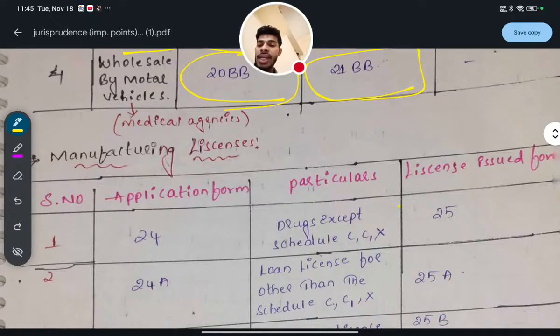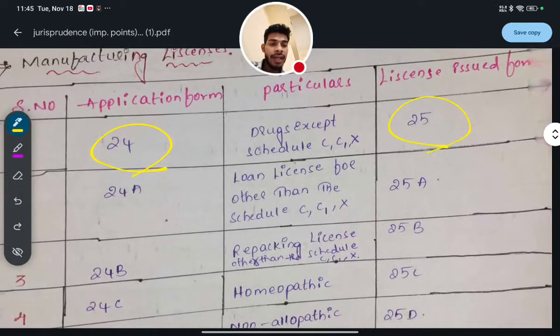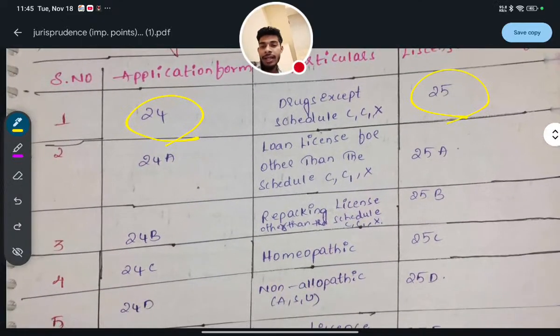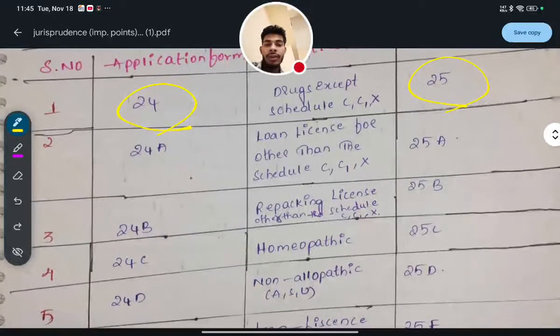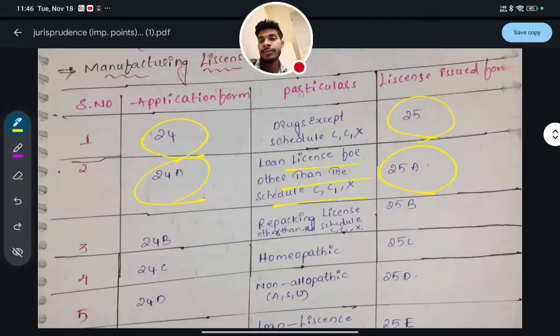Next, manufacturing license. Manufacturing license for drugs except Schedule C, C1 and X: the application form is 24 and the license form is 25. For the manufacturing under loan license for drugs other than Schedule C, C1 and X, the application form is 24A and the license form is 25A.